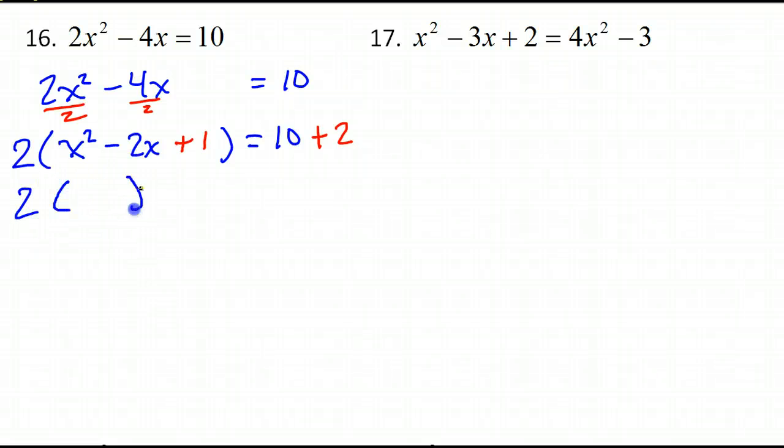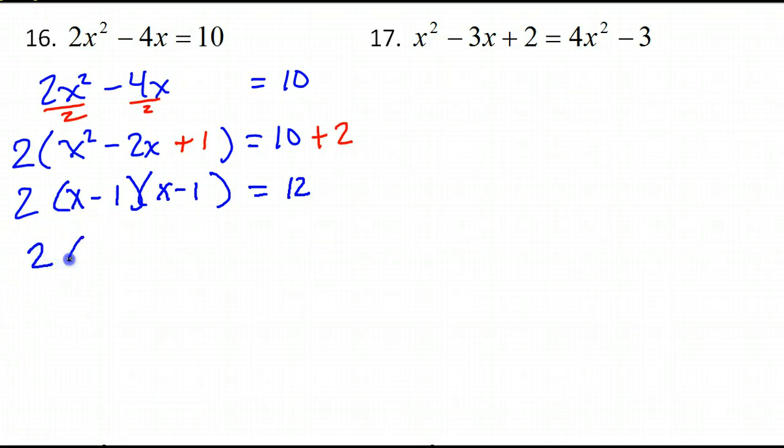So now this should factor as the same thing twice. This is going to be x minus 1, and this will be 12. So now I can write this as x minus 1 squared is equal to 12. Now, before we take the square root, we need to get rid of this 2.